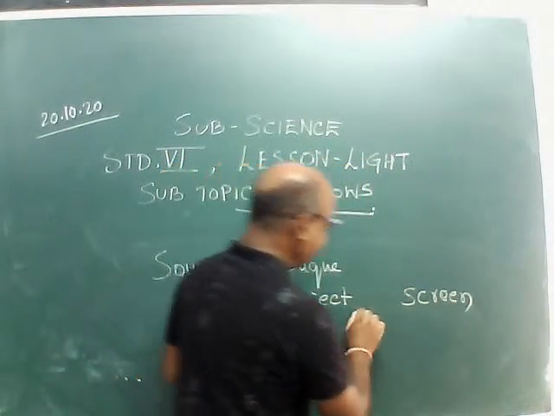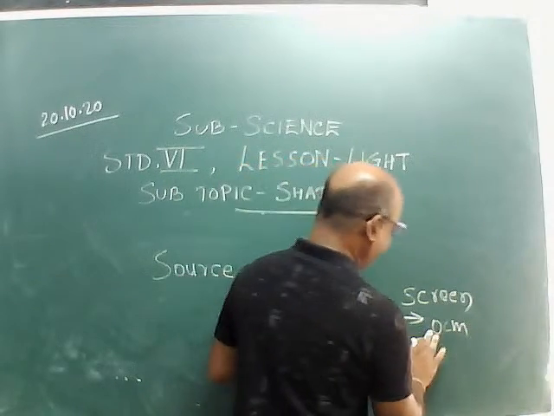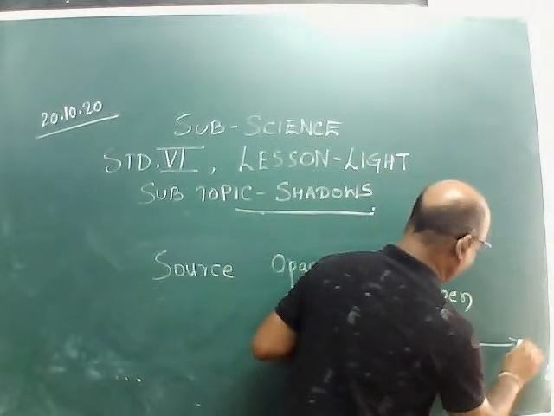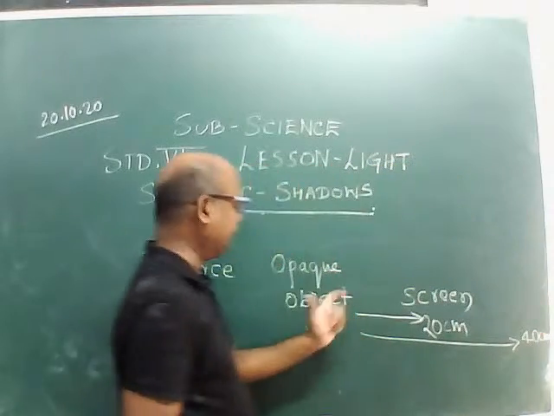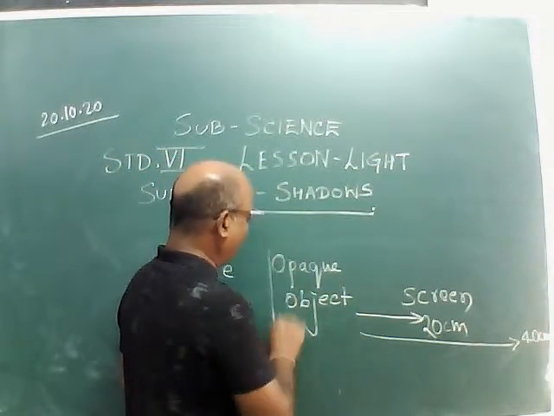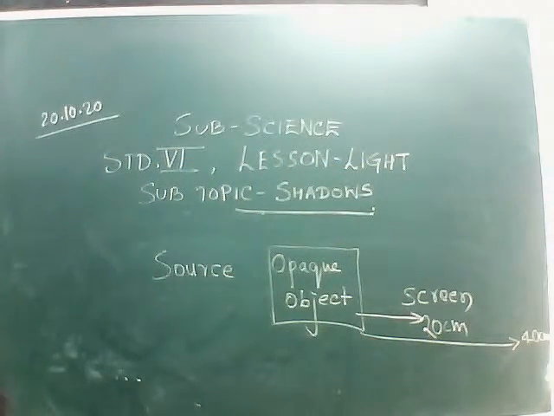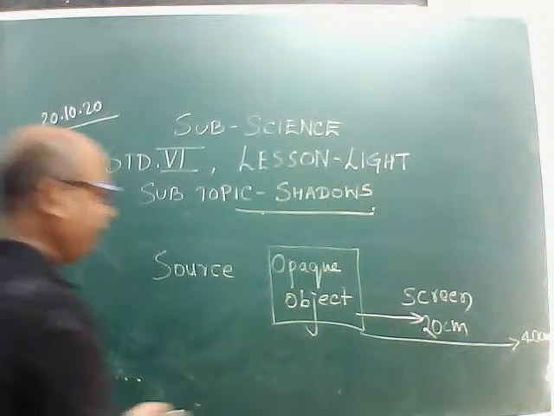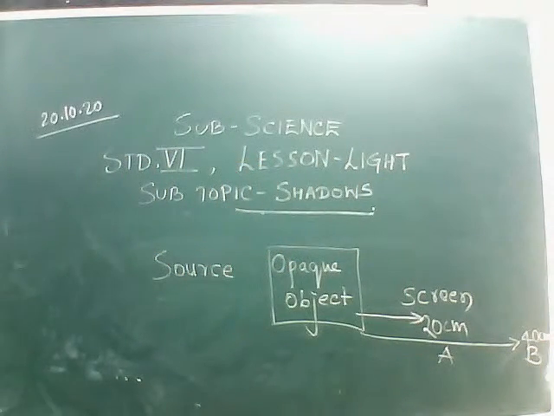Now suppose the screen is at 10 centimeter or 20 centimeter. After that you put the screen at 40 centimeter here. Now where will the shadow of this opaque object become big? Will the shadow be bigger at position A or at position B?